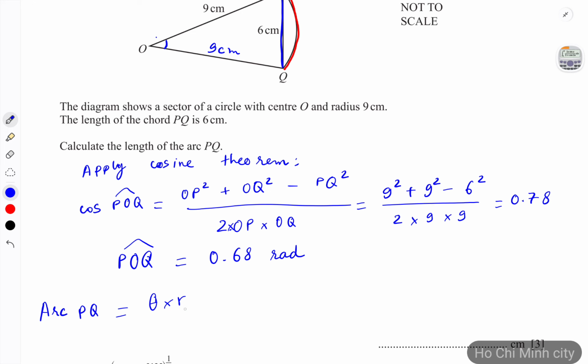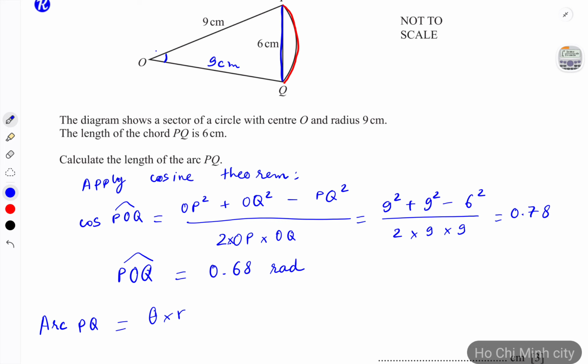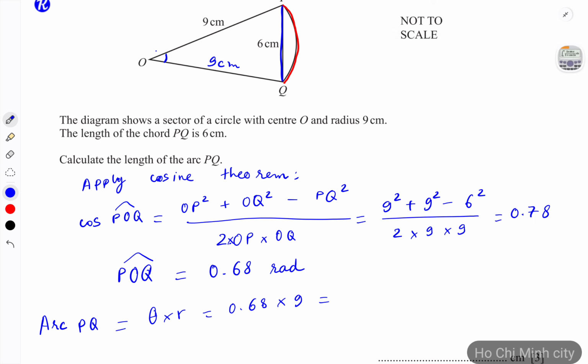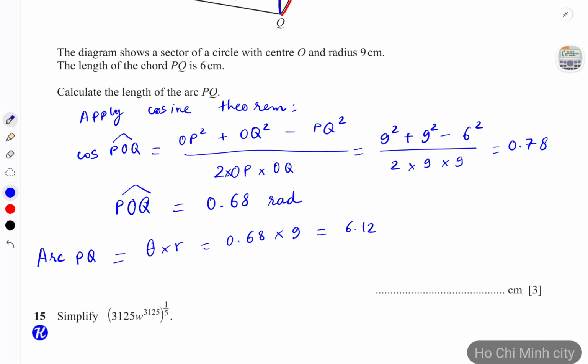And here the theta is the angle POQ, and that is 0.68 multiplied with the radius, which is 9. 0.68 times 9, and we have 6.12. 6.12 centimeters is the answer for this question.